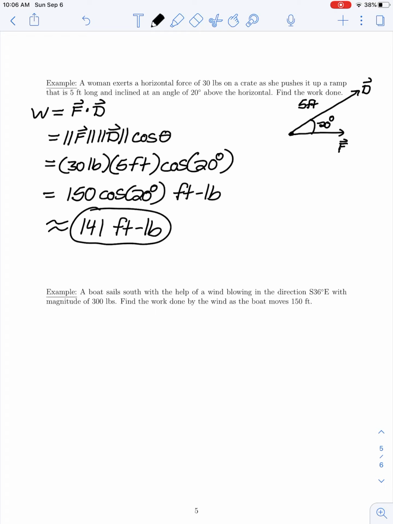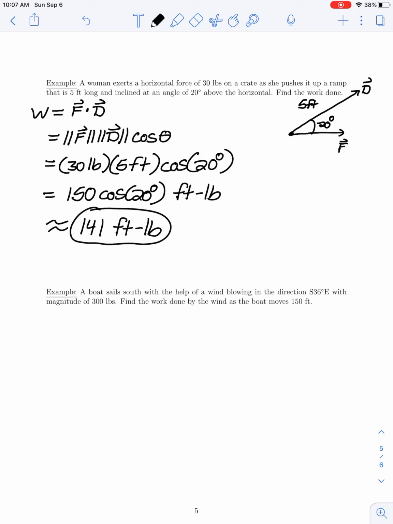So this example illustrates that if we know the magnitude of the force, the total distance traveled by our object, and we happen to know the angle between that displacement vector and the force, then we can find the work done. So let's look at another example.